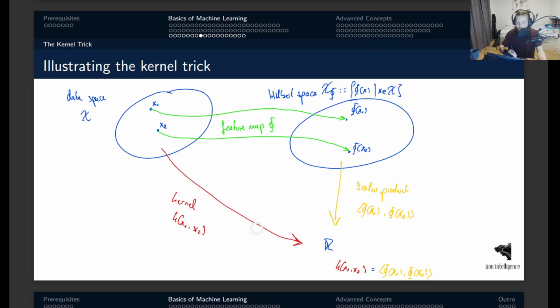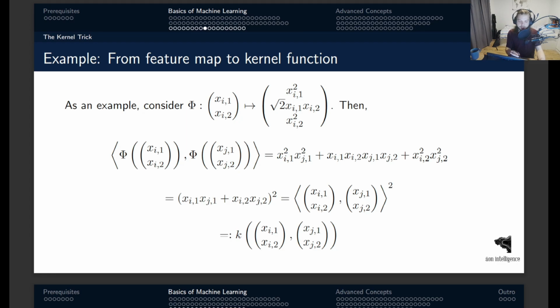We just go straight to the evaluation of the value that we need, the scalar. Using the kernel trick, we never have to explicitly evaluate these feature mapped observations to arrive at the scalar that we need, since the evaluation of the kernel function is equal to the inner product of two feature mapped observations.